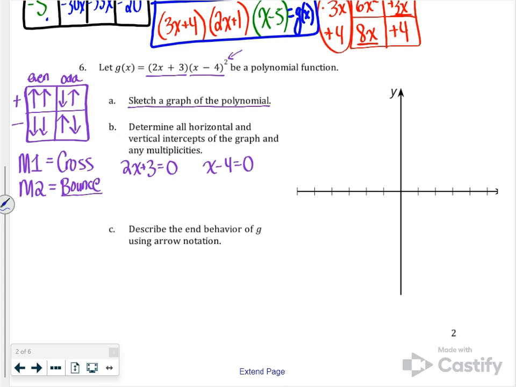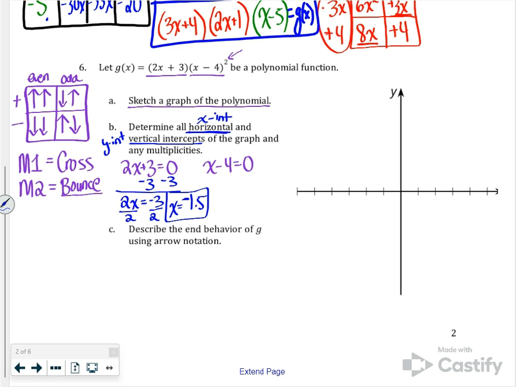So let's back up. We right now are finding the vertical and horizontal intercepts of this function. The horizontal intercepts are the x-intercepts, and the verticals are the y-intercepts. For these, we're doing the x's right now, so that's the horizontals. We'll subtract 3 from both sides, and then we divide by 2. So x equals negative 1.5 is going to be one of our crossing points.